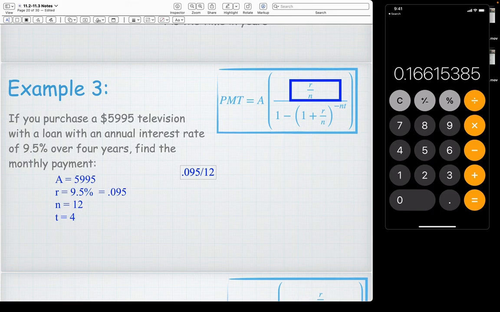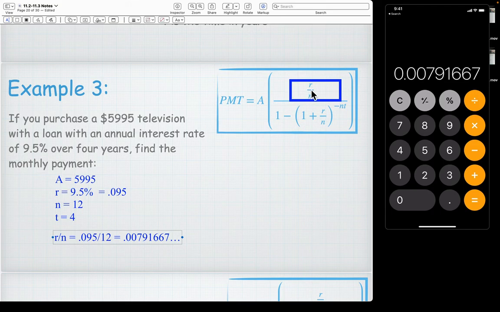So let's do that. 0.007917 and so forth. So r over n is 0.00791. Technically I think that decimal goes on and on, but at some point we need to cut it off and round. Generally, you'll want to keep as many decimal places as possible for these answers to be as accurate as possible, and only at the very end probably round to the nearest penny.